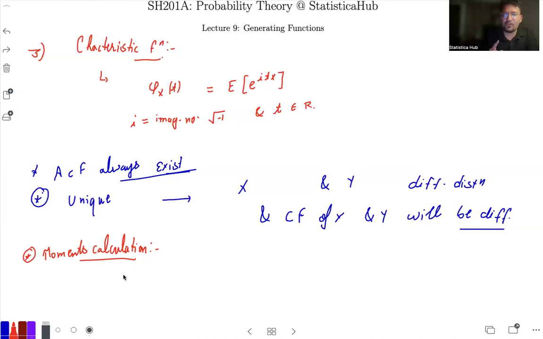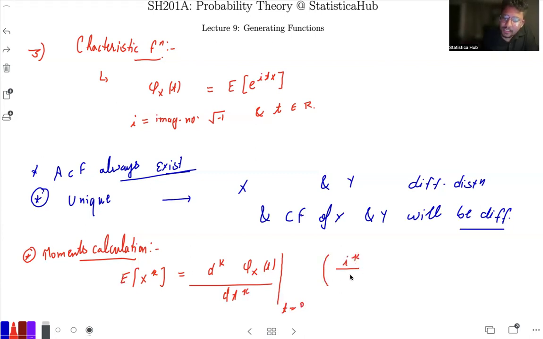If you have to find the kth moment, the expected value of x raised to the power k, that will be simply the derivative: the kth derivative of psi x at t with respect to t, evaluated at t equal to 0, multiplied by one more term, iota raised to the power k over k factorial raised to the power -1. If you apply this rule, you will get the moments of that distribution from the characteristic function also. So the characteristic function and the moment generating function are very, very important. You have to memorize them in the upcoming classes maybe, but for now that is enough.